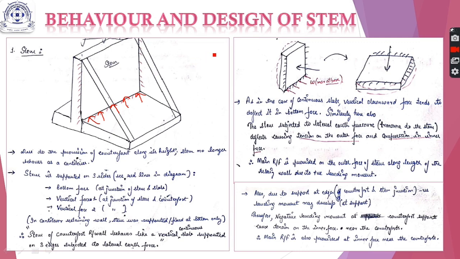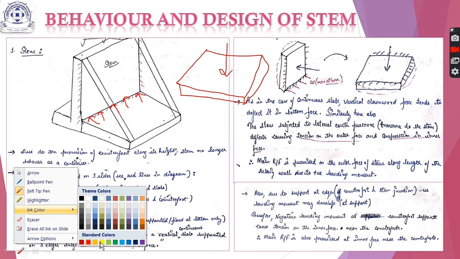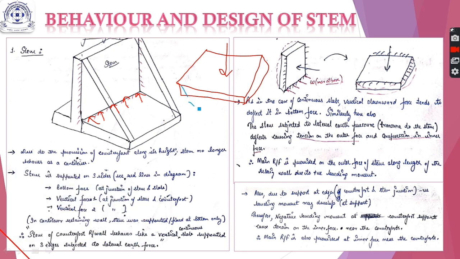Now for this we must recall the concept of the slab which we studied in the previous course, Design of Concrete Structures 1. So you must remember now that if we have a slab, either one-way slab or two-way slab, if a load is acting in this direction, then what will happen to the slab? It will deflect like this.